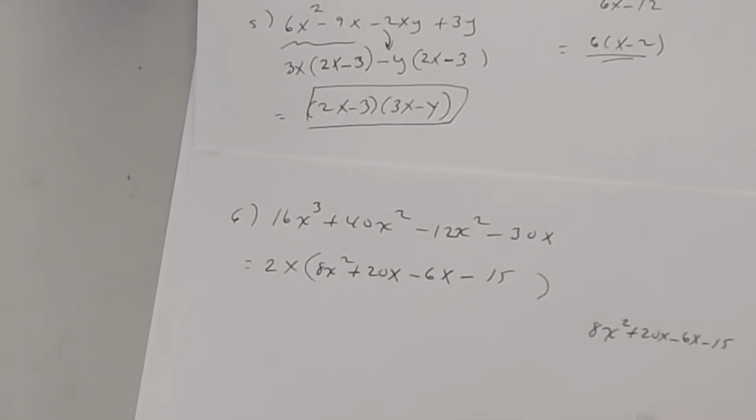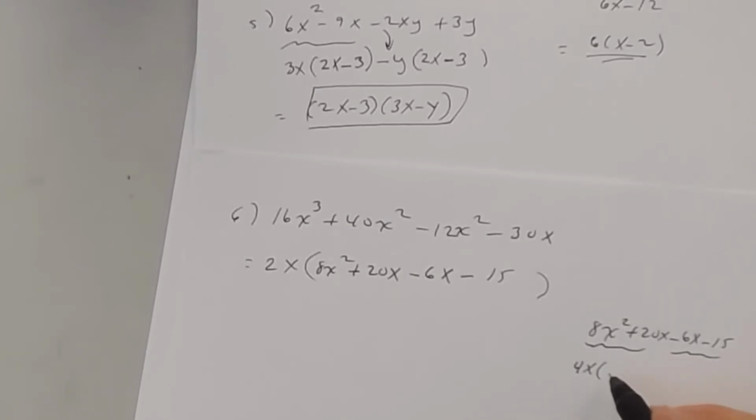Now notice I already took out the GCF, right? So the GCF of what was inside the parentheses should be a 1 now, and it is. The only common factor these 4 terms have is the number 1. We're going to group the first 2, group the last 2. What can I factor out of the first group? 4x.